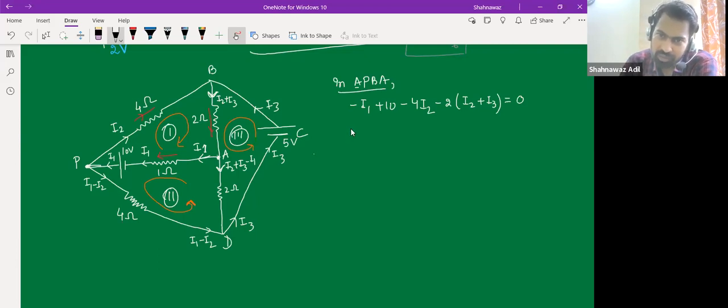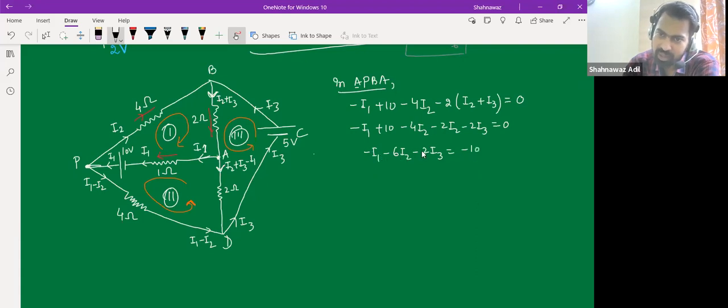Yes. So this would be I1 plus 10 minus 4I2 minus 2I2 minus 2I3, so minus 4 minus 2, so minus 6I2 minus I1 minus 6I2 and minus 2I3. This 10 goes to the right hand side and becomes minus 10.